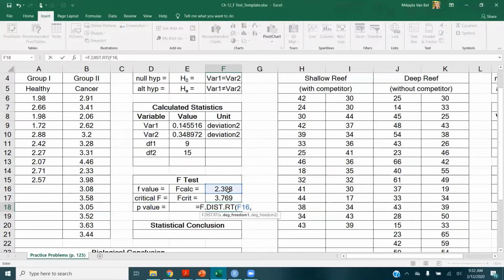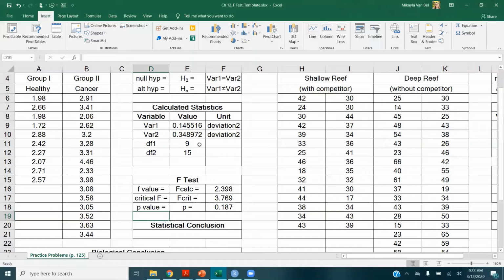The first degrees of freedom for this function is the numerator degrees of freedom, and the second is the denominator degrees of freedom. For a two-tailed F-test, we need to multiply the p-value by 2 to restore what our original alpha was.